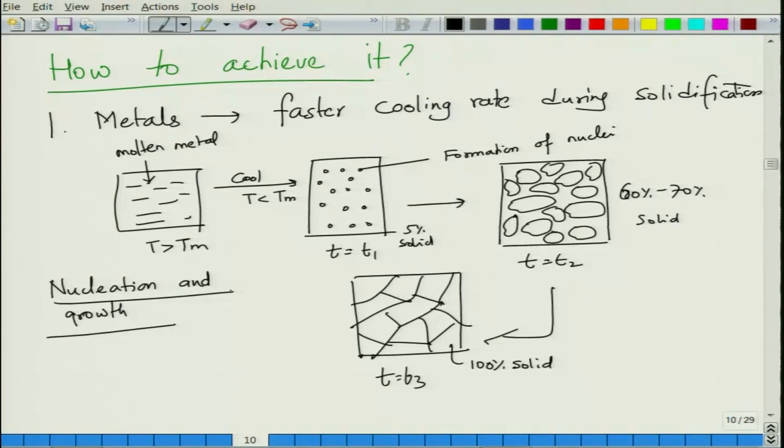So, if you cool it very fast, you form many nuclei, but since the temperature is low, the growth does not happen very fast. As a result, you generally have a finer grain structure. But if you cool it slowly, slow cooling leads to a lower nucleation rate, but a higher growth rate. As a result, you have coarse grain size.